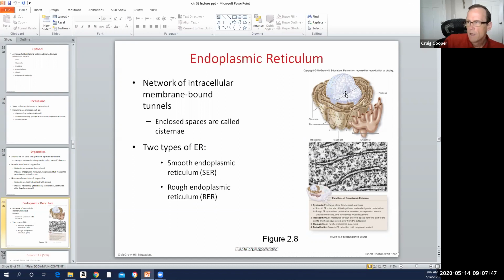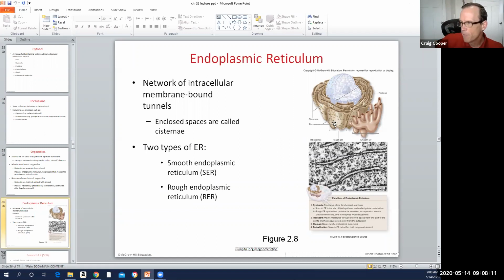So when, let's say, this cell is in charge of making a hormone, which is largely protein-based, those ribosomes on the outside of that endoplasmic reticulum are where we put together the individual amino acids to make a longer protein molecule that's going to be part of that hormone the cell is in charge of making.